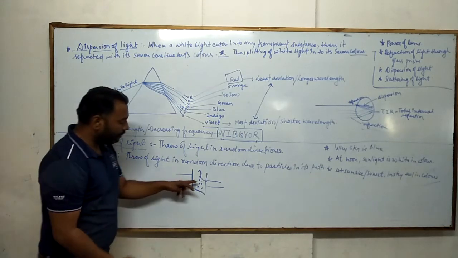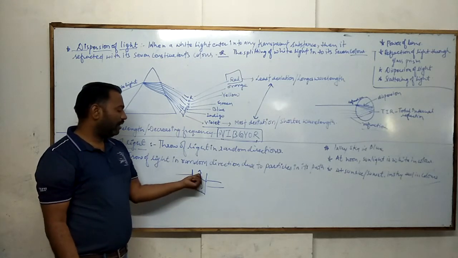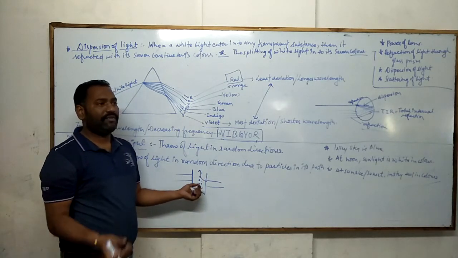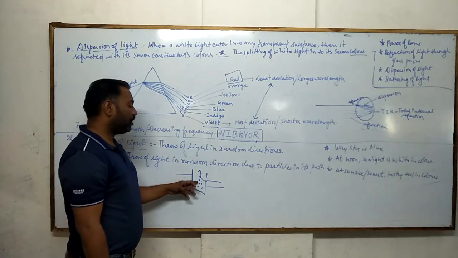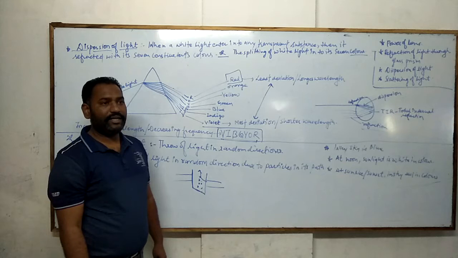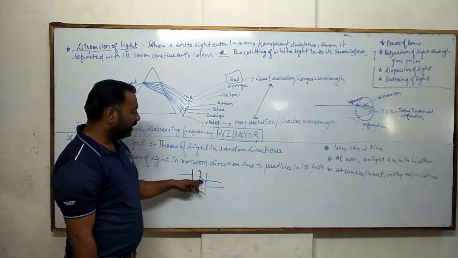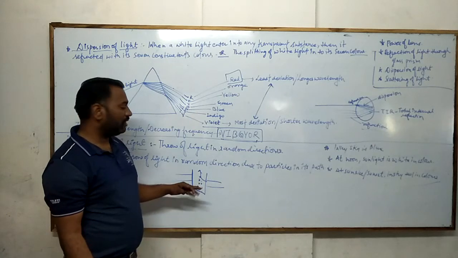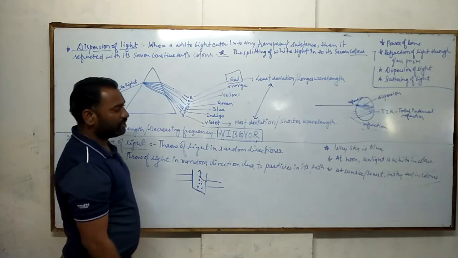If particles are very big, light is refracted. If particles are very minute, as in a salt solution or sugar solution, they cannot refract too much light. But if there are crystals like potassium permanganate, they can refract the light in different directions, and the complete light starting from here cannot get through to this side.